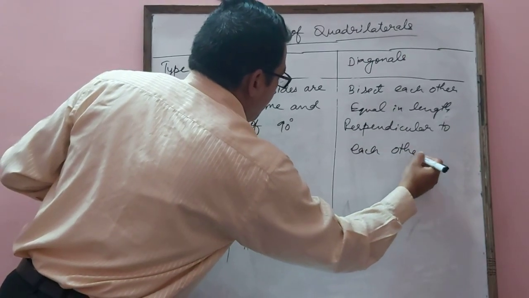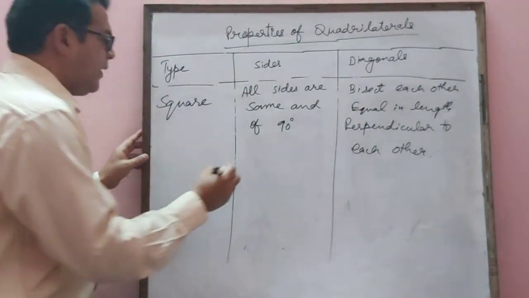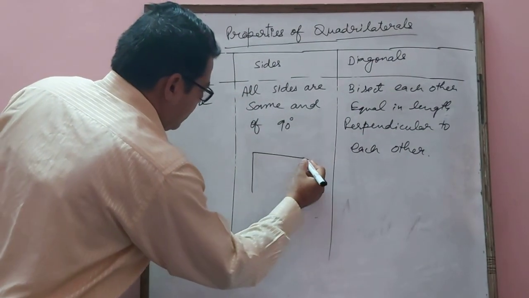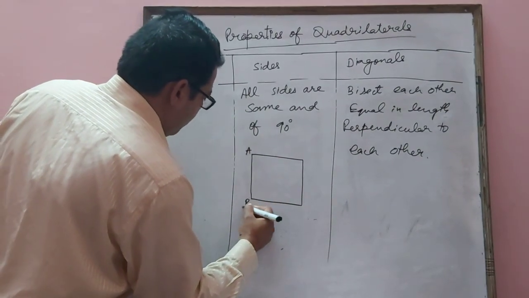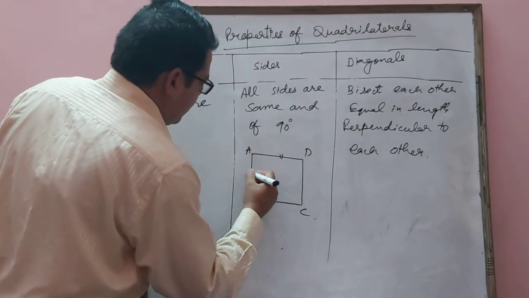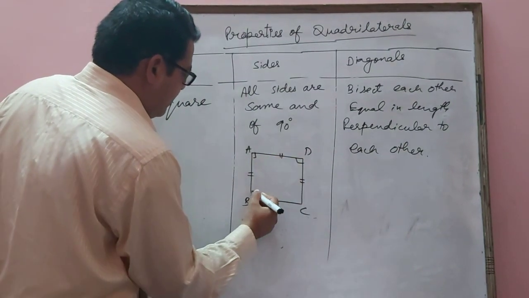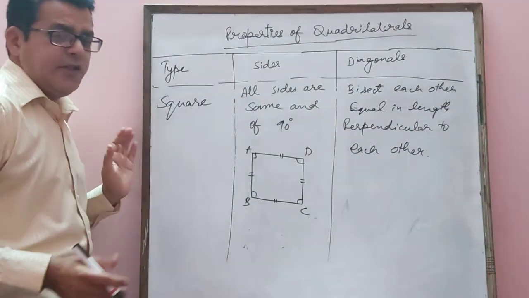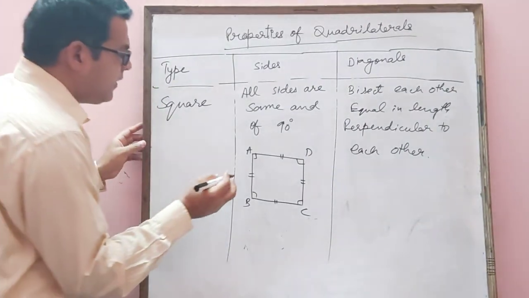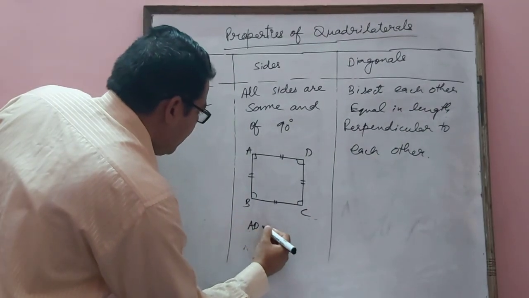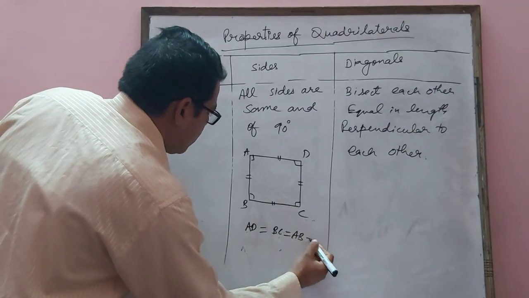These are very important properties. So, this is a square. All sides are the same. And all angles are 90 degrees. And it means AD equals BC equals AB equals CD.